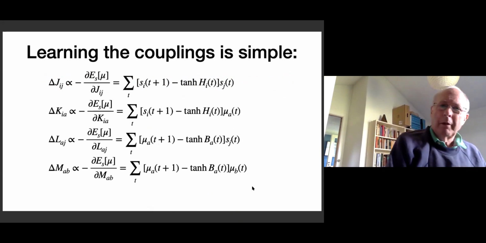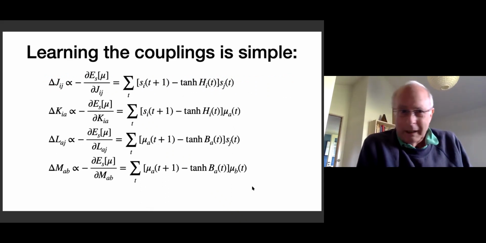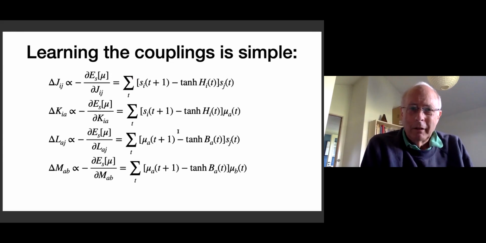Okay, so if you know the mu's, then learning the couplings is simple. It's just like what we did when they were all visible, right? Because you do it assuming you've got the right mu's. So, for example, for the K's, the output unit is the visible one, so this is the error on the visible one.